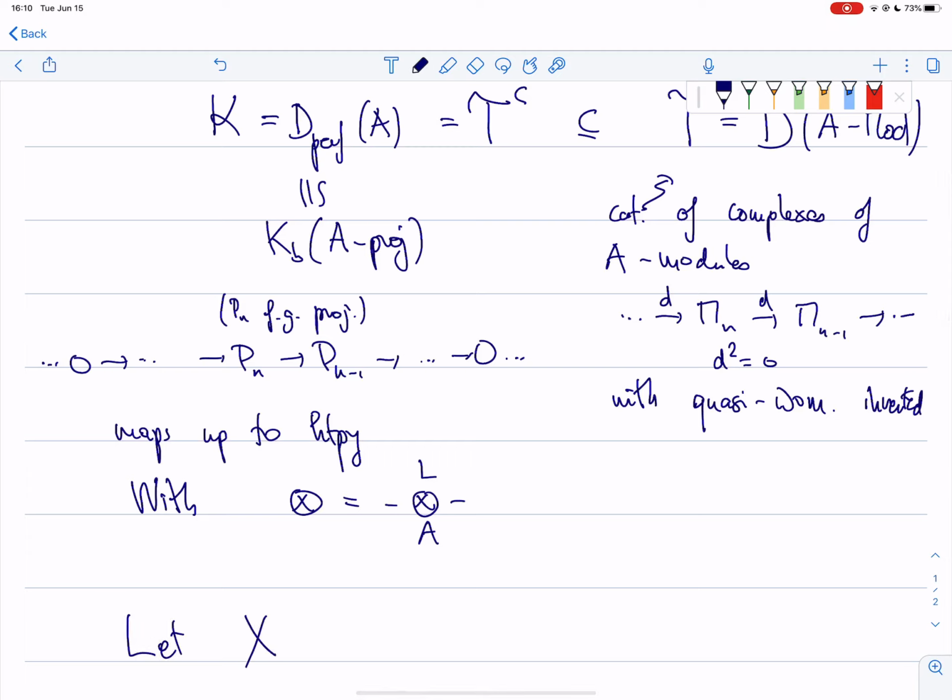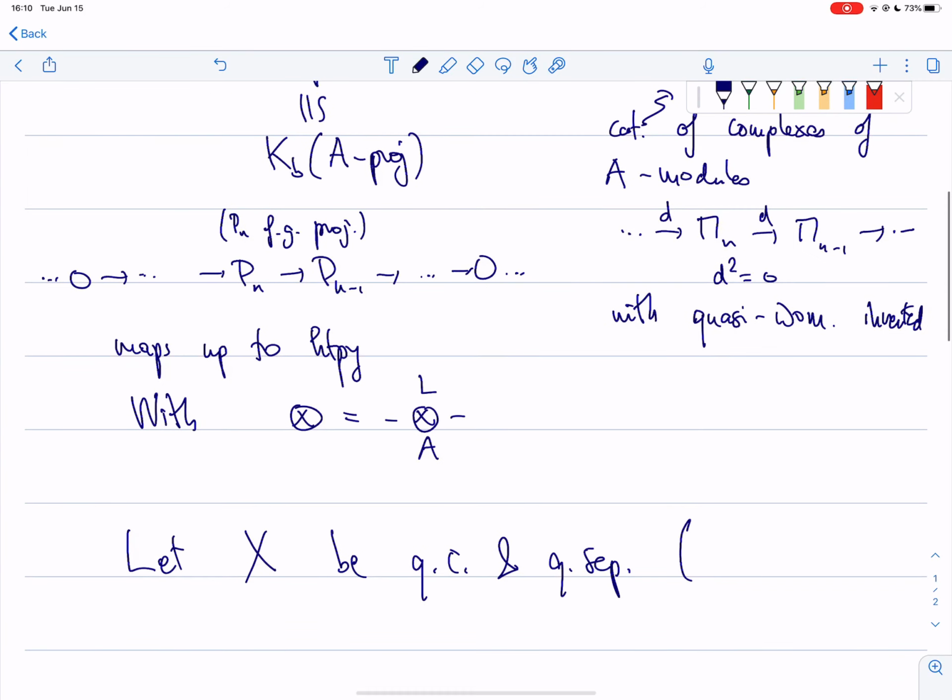So if you take X to be a quasi-compact and quasi-separated scheme, and all schemes in this business are assumed to be quasi-compact and quasi-separated. So this is a purely topological condition. It simply means that the underlying space has a basis of quasi-compact open subsets.